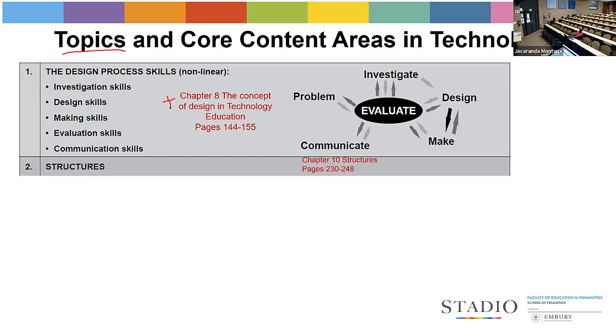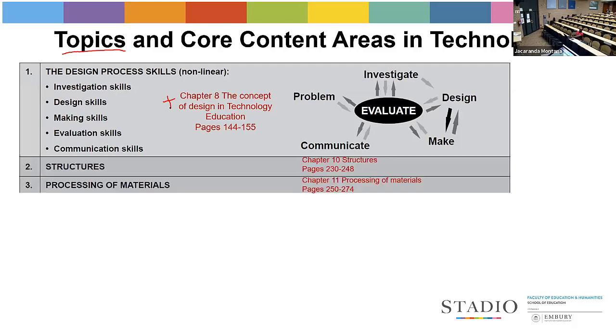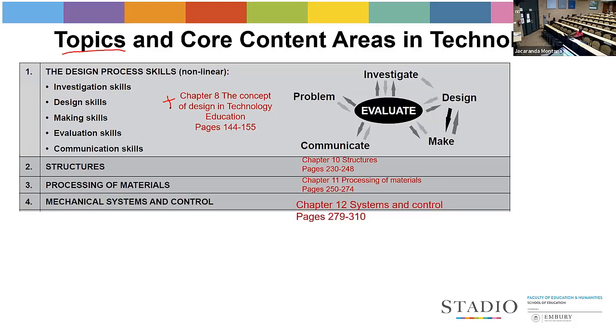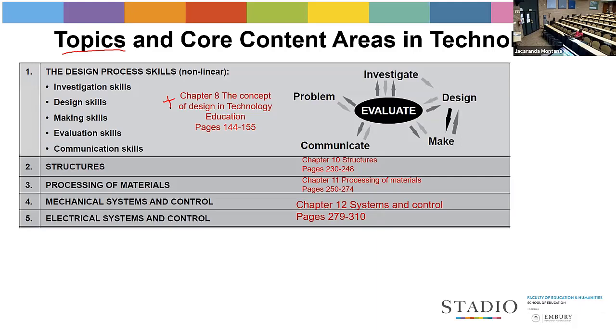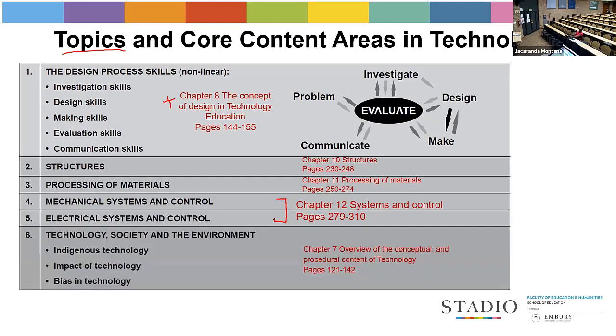You have structures, processing of materials, mechanical systems and control, electrical systems and control. So with these two, you will see it's only one chapter that you have to go through. And then the last one is technology, society, and the environment. And then chapter 7 is an overview. So there's a section over there where they talk about the society and the environment and what this means.